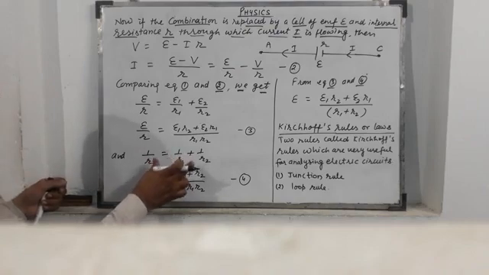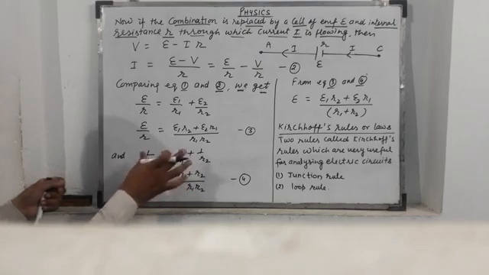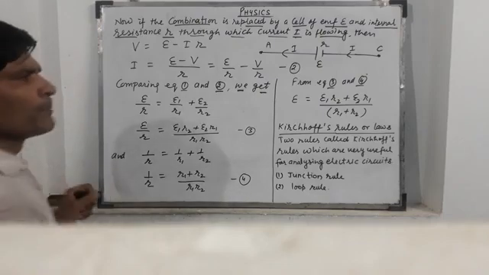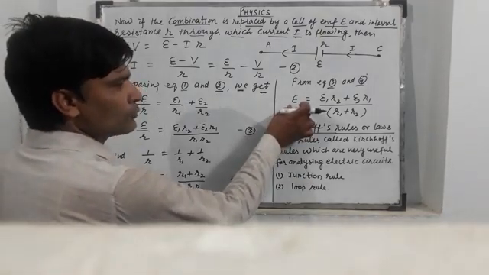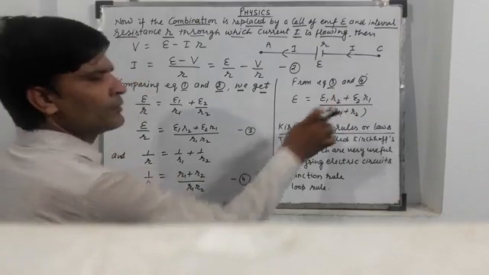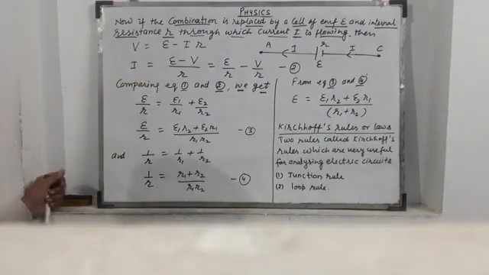So when two or more cells are connected in parallel, the internal resistance decreases. To some extent the EMF decreases, but this can be neglected.